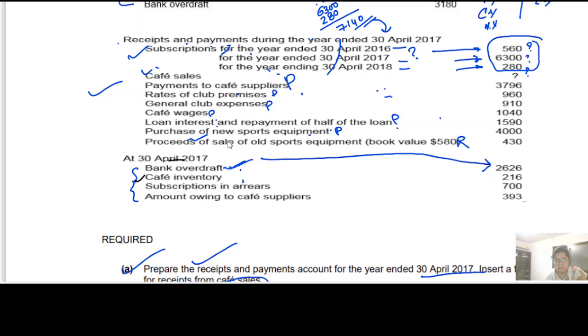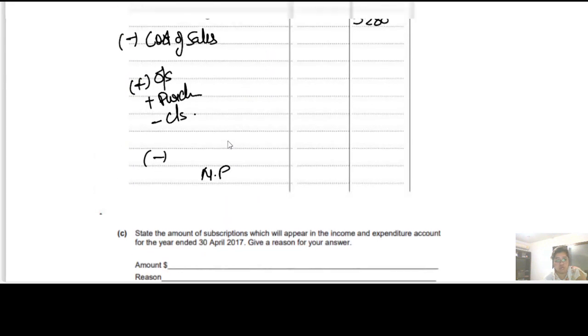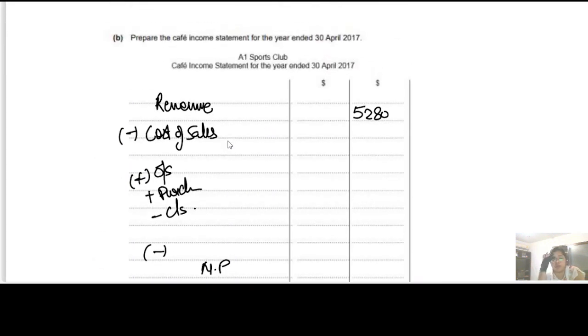And for the purchase, if there is no information in the question, then you have to calculate purchase from the supplier account. So opening stock is 298 and the closing stock is 216. Now, how are you going to calculate the purchase? Again the same thing.